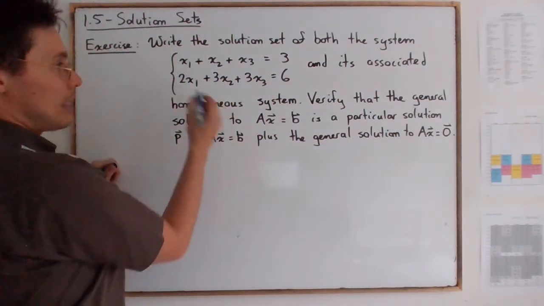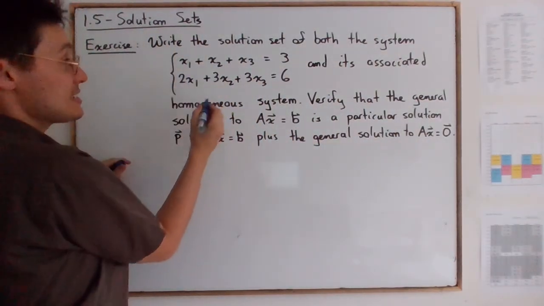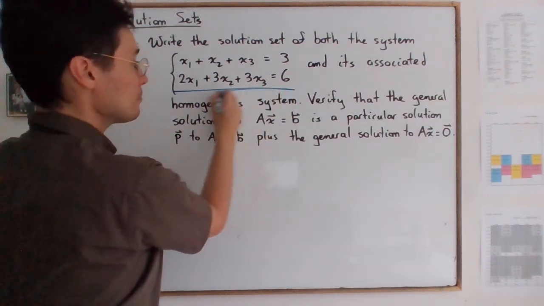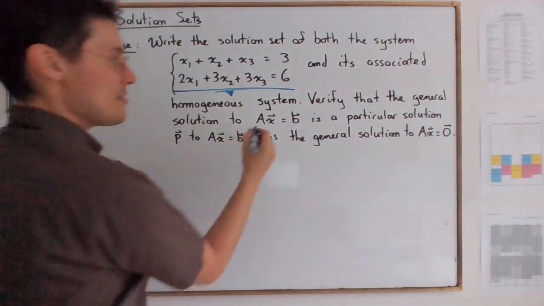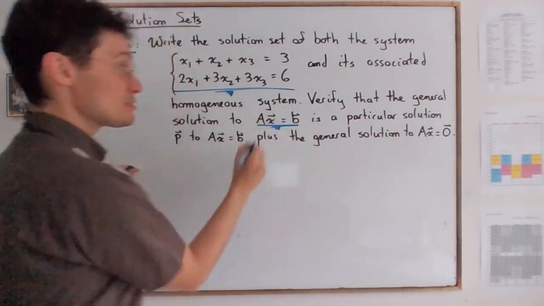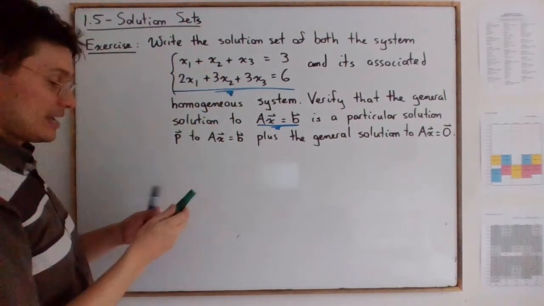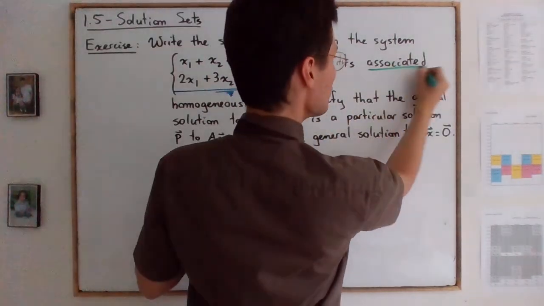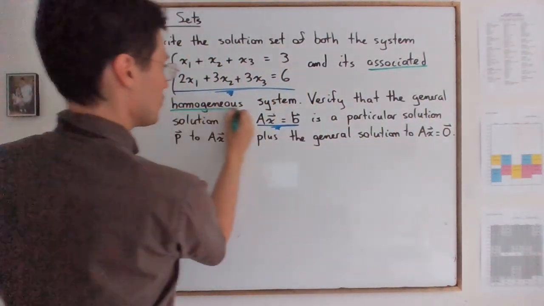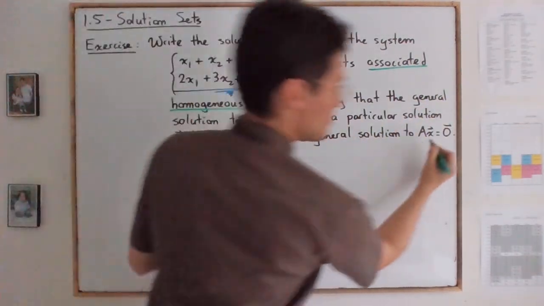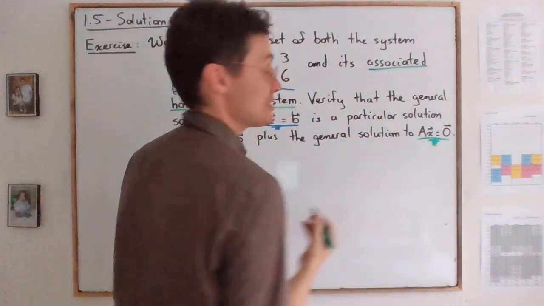So I will solve the non-homogeneous system in blue. And when I'm talking about AX equals B, I'm talking about that system. And the associated homogeneous system is going to be AX equals 0.